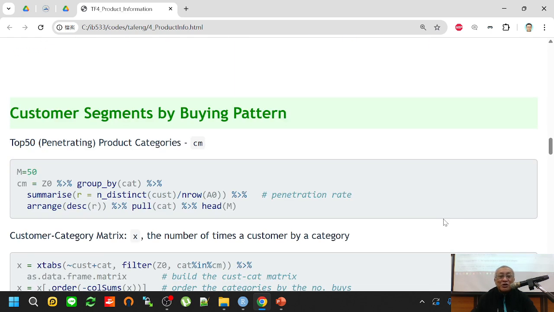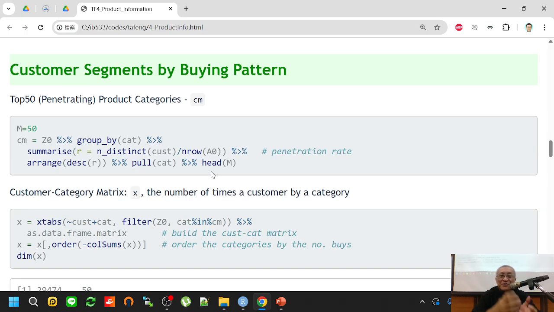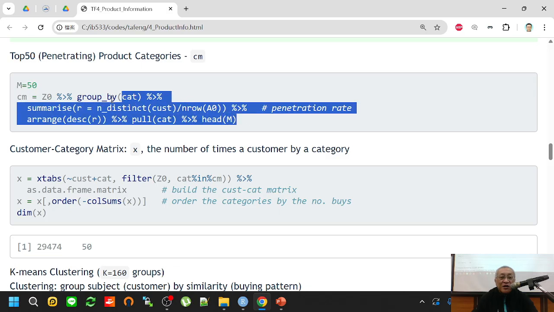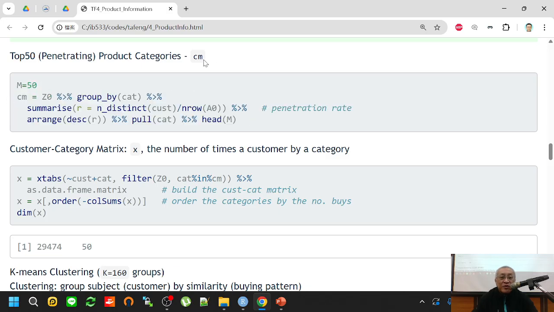And the last thing that I want to cover is, customer and product are always the two most important things that we are interested in when we are doing marketing, right? So actually, there's a way to group customers by their buying patterns, which means I first try to pick up the 50 categories that most people buy.